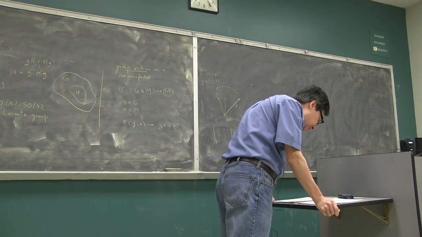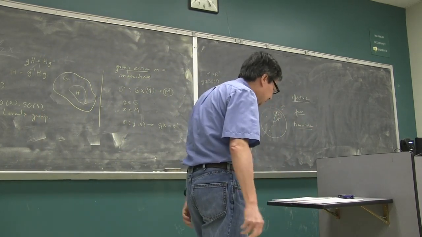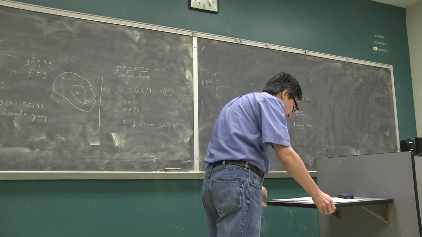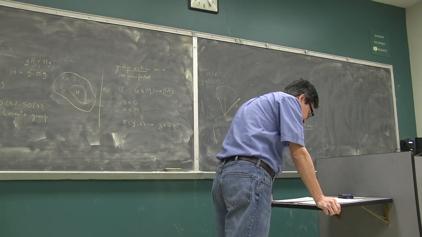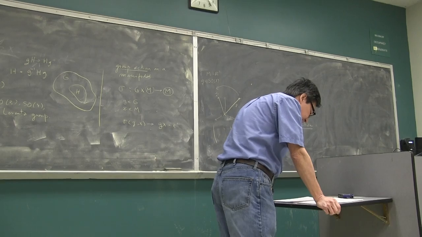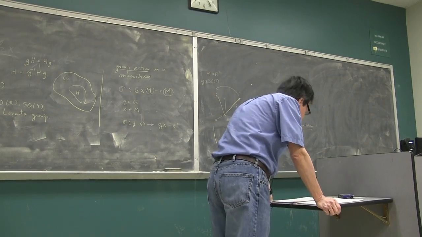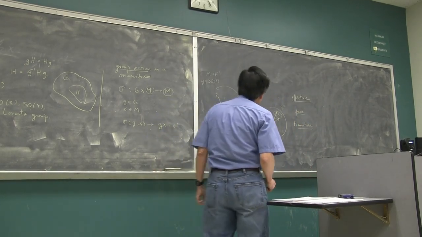These are given in definition 6.5, 6.6, and 6.7, but since you asked that question, let's talk about 6.7 first, which is the definition for a transitive group action. Transitive group action is this.